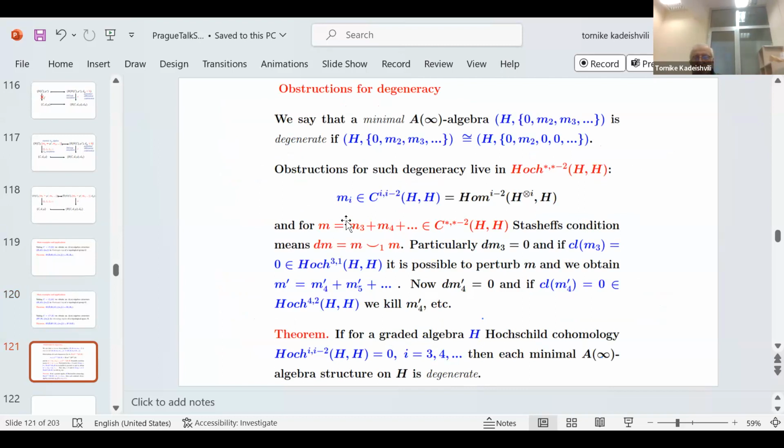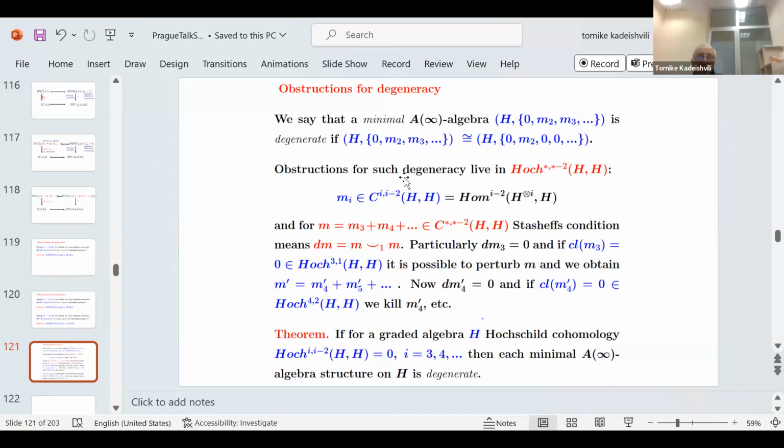I add some words here because I have one more minute. It is very interesting when these higher operations, M2 remains, but M3, M4, M5, and so on, disappear. So when the infinity algebra is degenerate, it is a simple algebra.